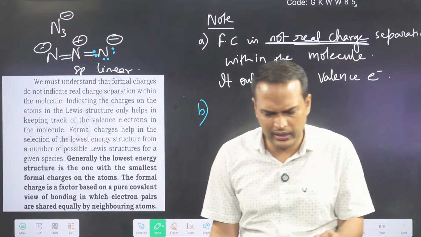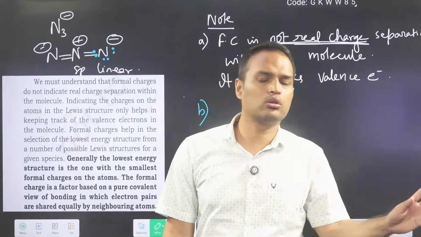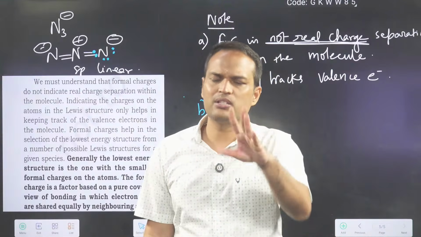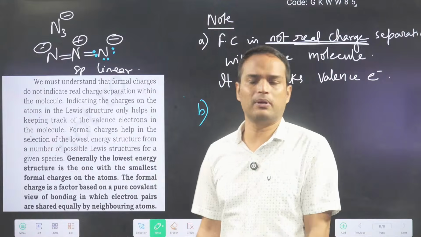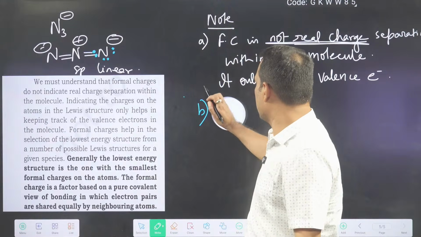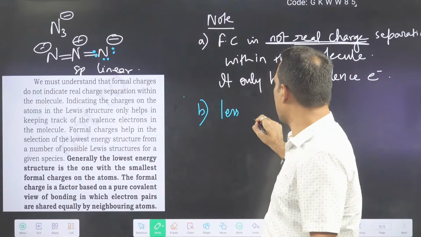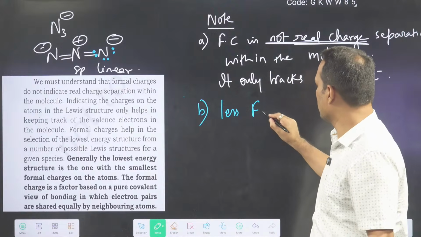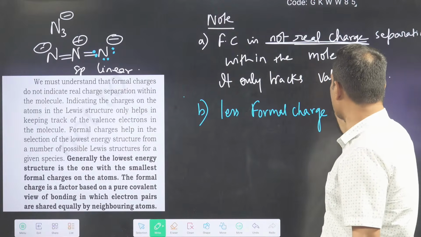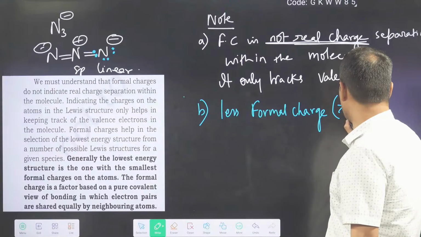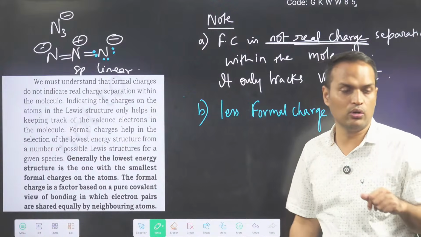Now let's go to the second point. We have already said that formal charge is not good. Zero formal charge is best. More formal charge means unstable. Less formal charge means what? Zero. Less means we say zero, not minus.